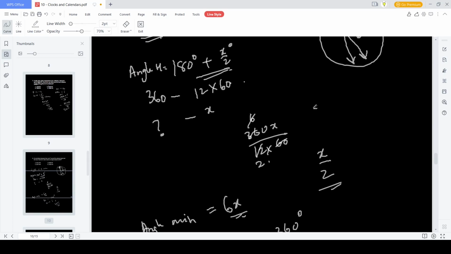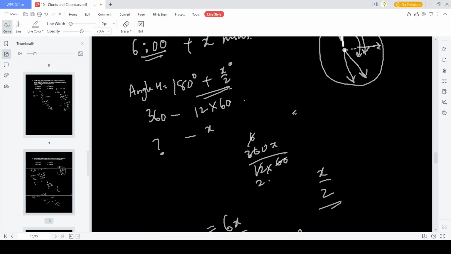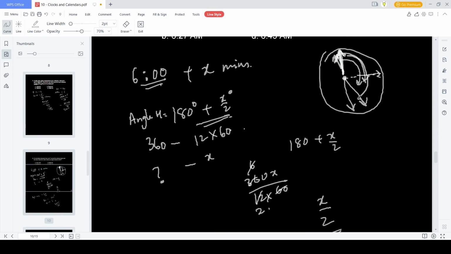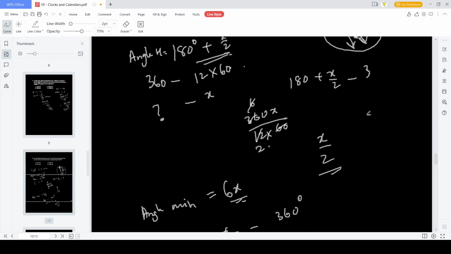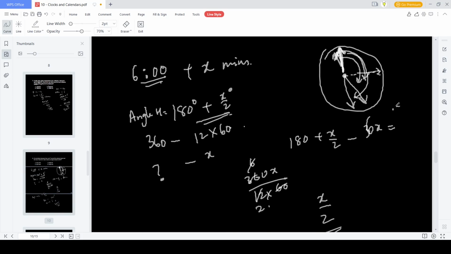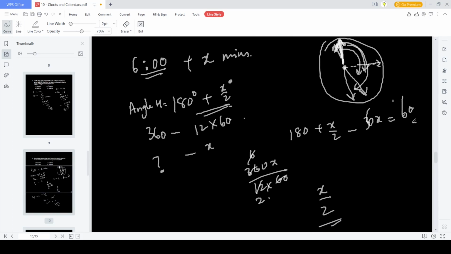Okay. Now we need to have one formula: 180 plus x by 2, which is the whole angle of the hour hand, minus the angle of the minute hand, that is nothing but 6 into x, is equal to 60 degrees. We need to solve this equation, that's all. Okay. So this can come as minus 11x by 2. Okay, 180 minus 11x by 2 equal to 60.